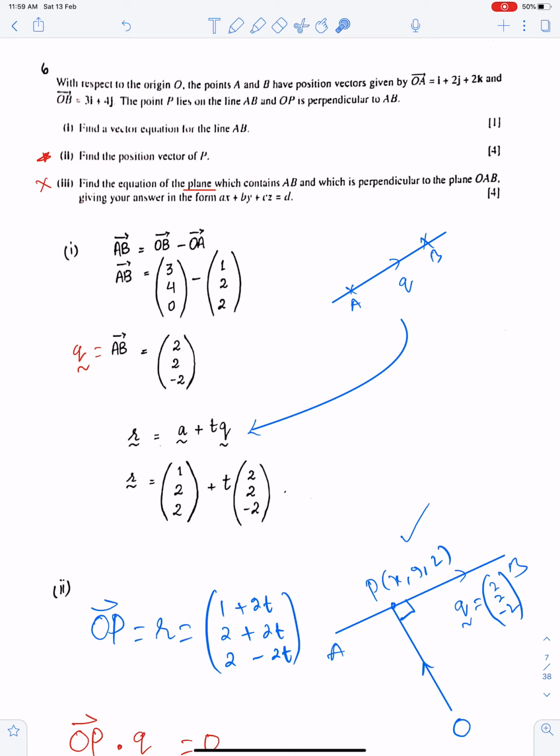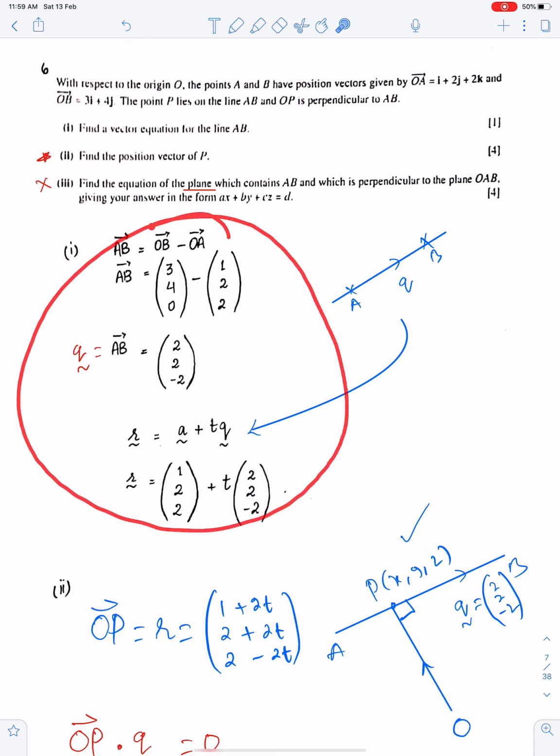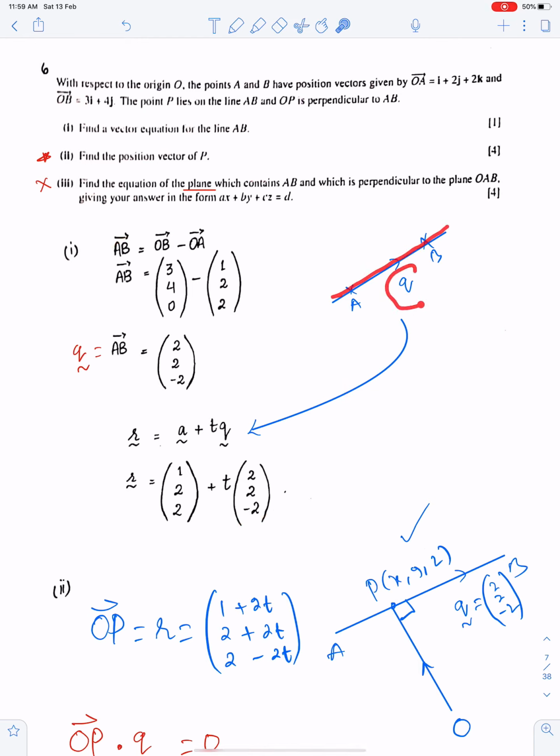Number one, you should work out the equation of AB. And this is the way to get the equation of AB. First get vector AB, which will be q, the direction vector of the line. And this is the equation of line AB. You can either use A here or B here. Now, you all know when any point on the line is unknown, then you can replace r by that point.